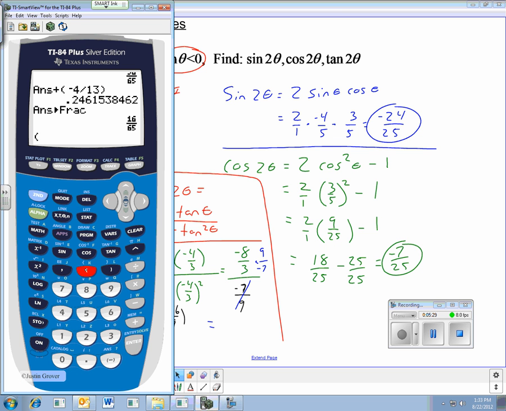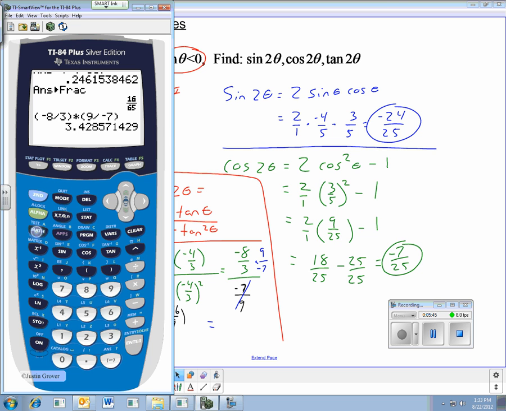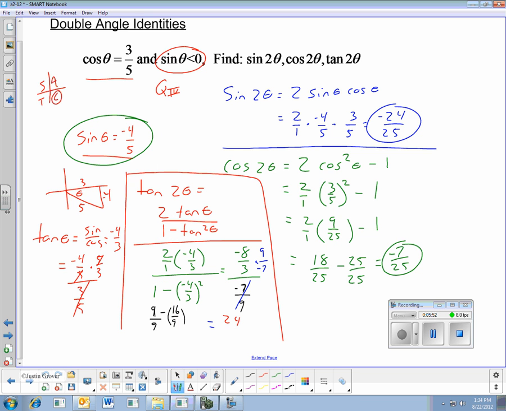Negative 8 divided by 3, close my parentheses, times 9 divided by negative 7. Close my parentheses, enter, and convert to a fraction, it is positive 24 over 7. And that's it.